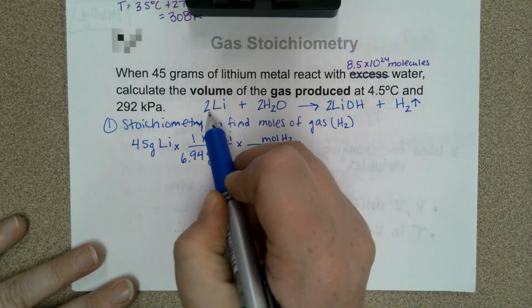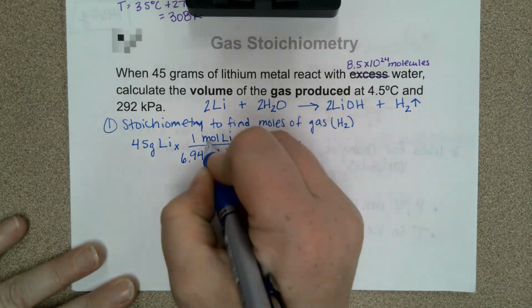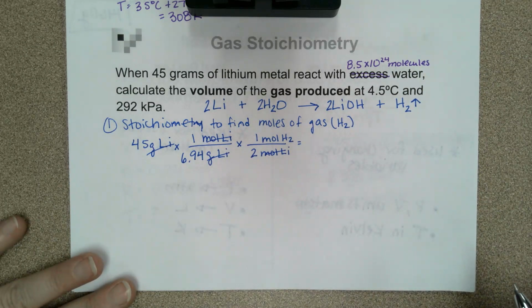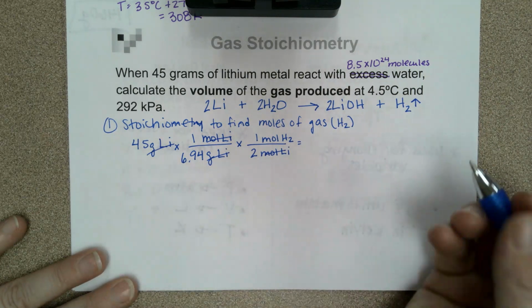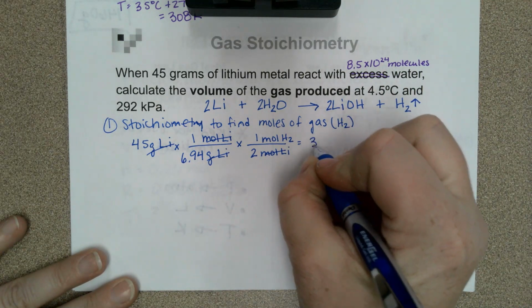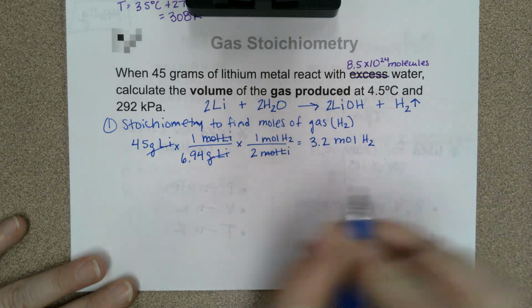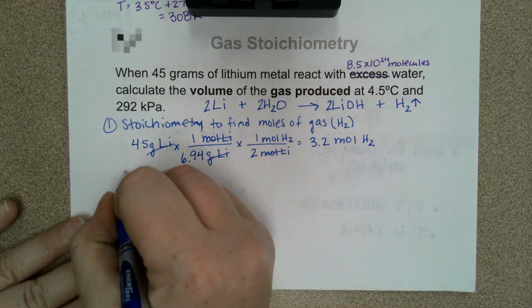And again, you're going to use your coefficients, so 2 and 1. Multiply across the top, divide by what's on the bottom. And we should only have 2 significant figures because of that 45. It ends up being 3.2 moles of hydrogen for our lithium.